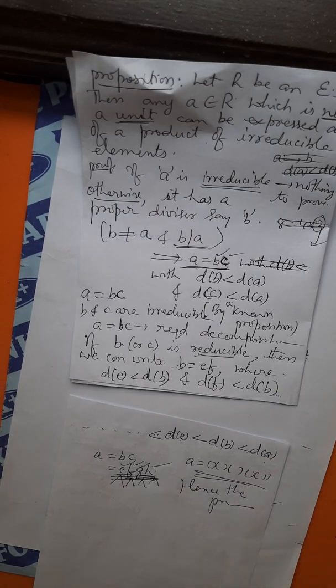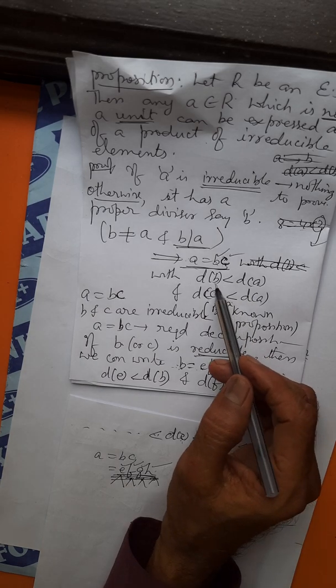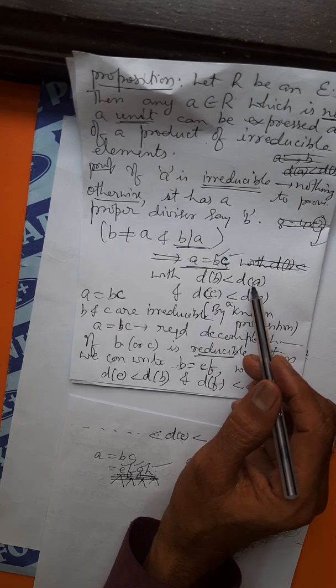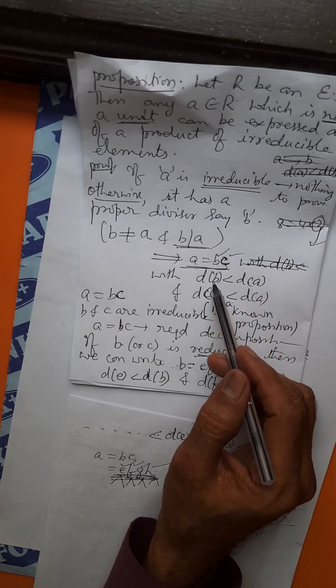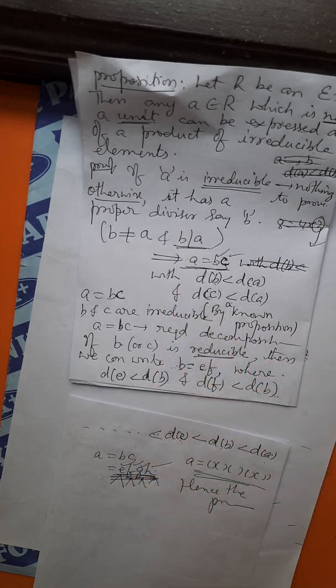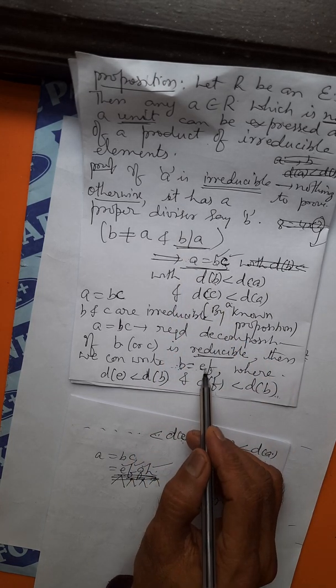Okay? Then at every step, you are going to relate the D value of A with the D value of the factor. Here first, D value of the factor, B is a factor. What is the factor of B? E is a factor.